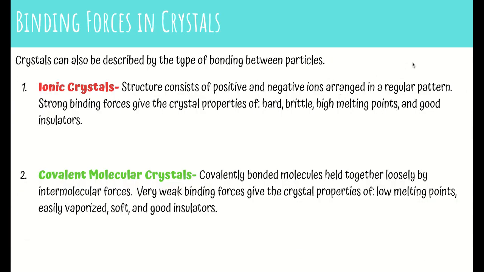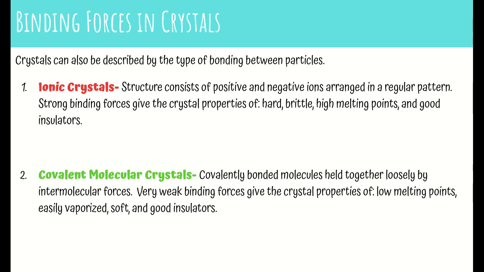So there are 4 binding forces in crystals, and we're going to talk about that really quick, and that's the last thing. So ionic crystals are going to be very, very strong, okay? So crystals that form between ionic bonds, we already know that ionic bonds are very strong. Okay, we've talked about that last semester, because you have a positive and a negative, right? So you are transferring electrons from one to the other.